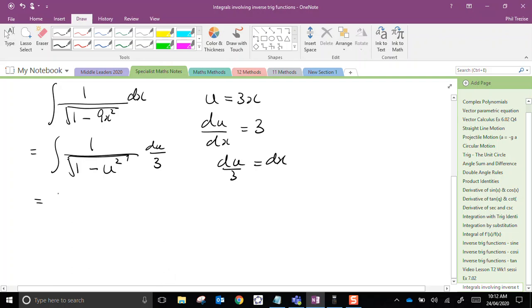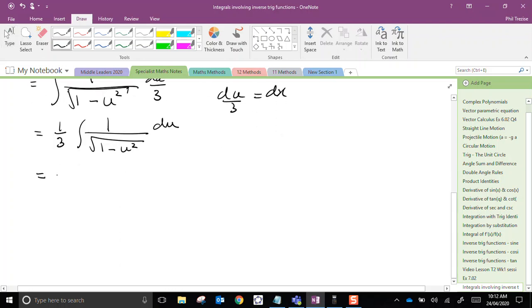So my constant of 1 over 3 could come to the front, and then I have the integral exactly as I need it. 1 over the square root of 1 minus u squared du, and that is exactly what we had in our formula, using letter u instead of letter x, but it's the same result. We will end up with the inverse sine of u plus our constant.